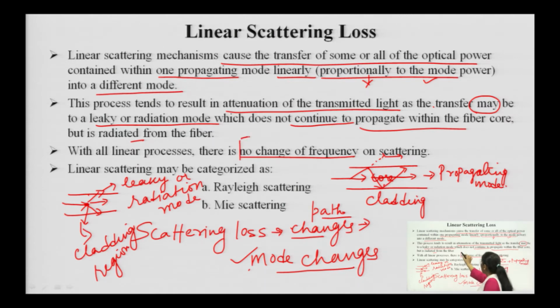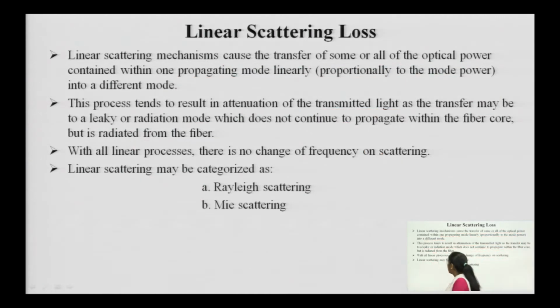This is one of the important differences between linear and non-linear scattering loss. In linear scattering loss, there is no change of frequency on scattering. That means whatever the frequency of the starting signal, after meeting an obstacle and getting scattered, all will have the same frequency.